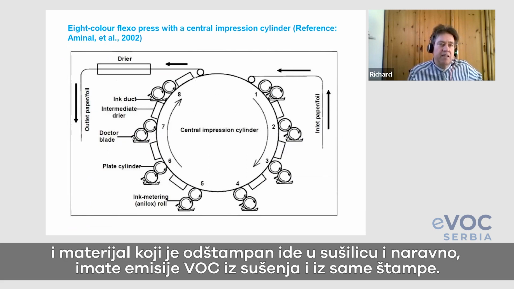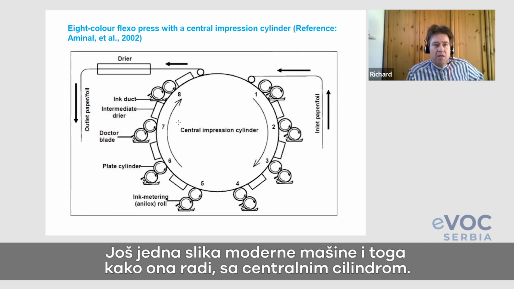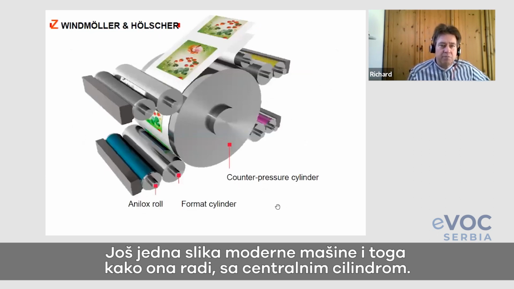And finally, all the printed material is fed to the dryer. And of course, you have the VOC emissions from the dryer and during the application. Yes, another impression of a modern machine, how it's working with a central cylinder.